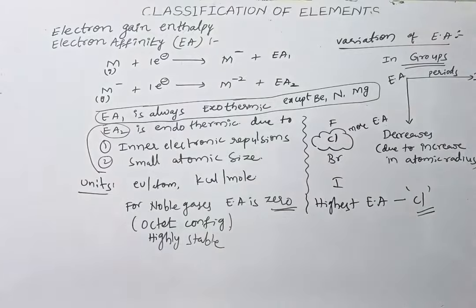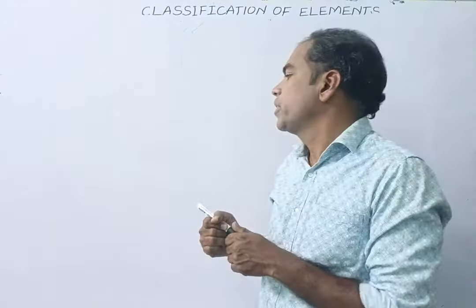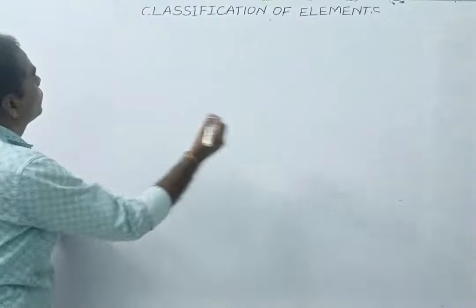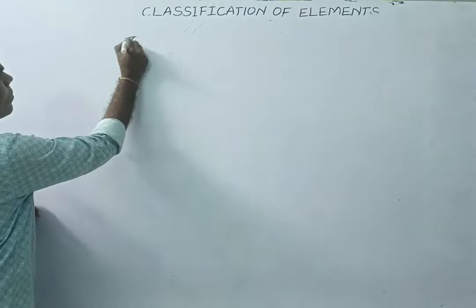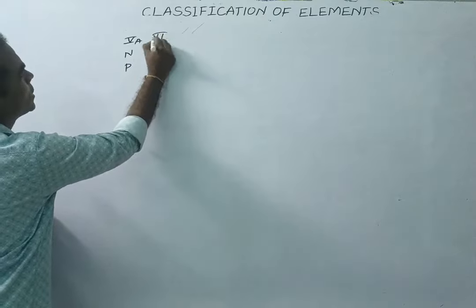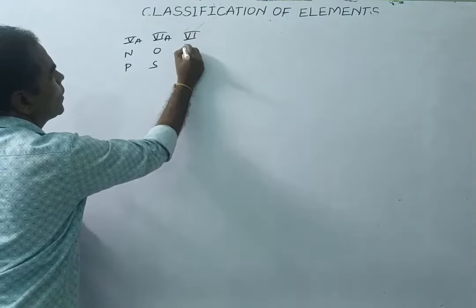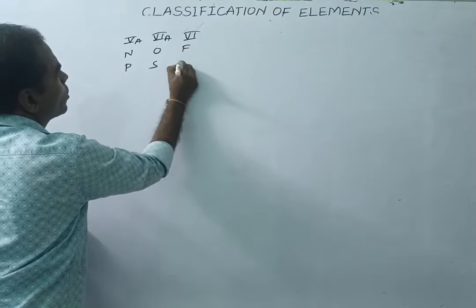Next, see students, here the electron affinity of 5A: nitrogen, phosphorus; in 6A: oxygen, sulfur; in 7A: fluorine, chlorine.